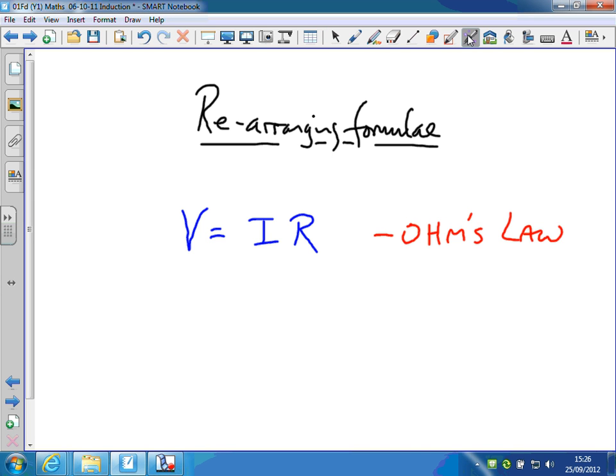It's a recipe. I often think of them like recipes. It's telling me what I've got to do to get the voltage. Why is it telling me what I've got to do to get the voltage? Because this is the subject of the formula. Okay? So the subject is generally on the left. That's what it's been set up to find, the voltage. How do I find the voltage? I need the current and the resistance. If I know the current and the resistance, I can find the voltage.